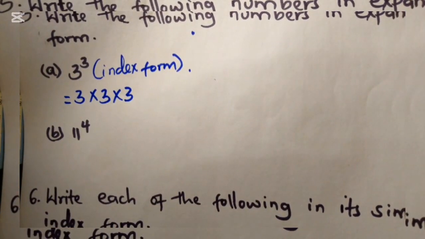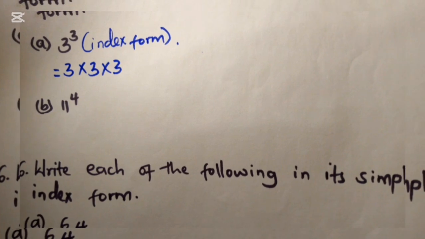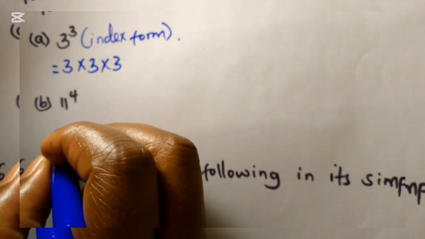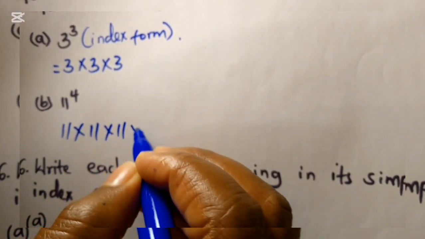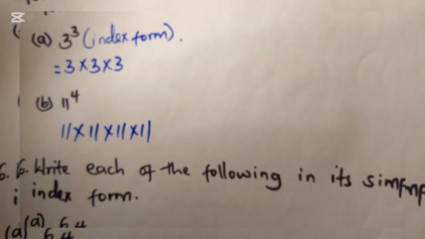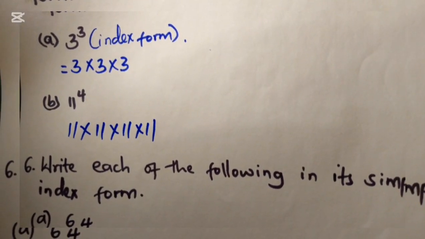The same happens to 11 power 4. This means that 11 has been multiplied by itself 4 times: 11 by 11, 1, 2, 3, 4. So that is the expanded form.